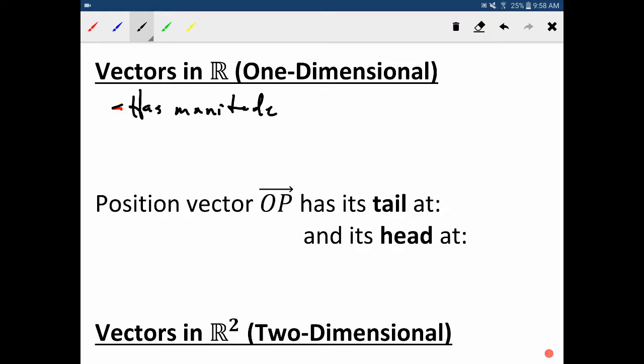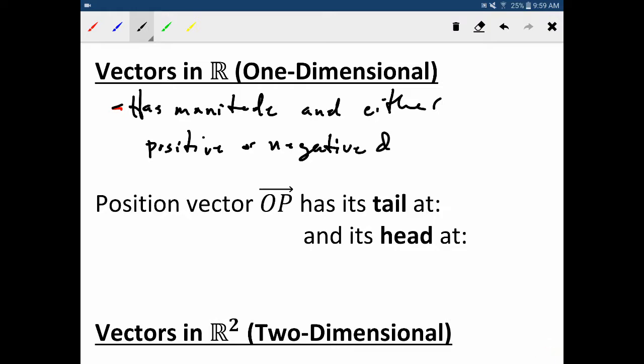So, it has magnitude and either positive or negative direction.